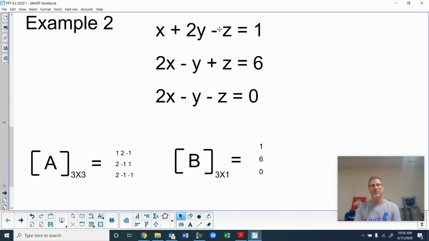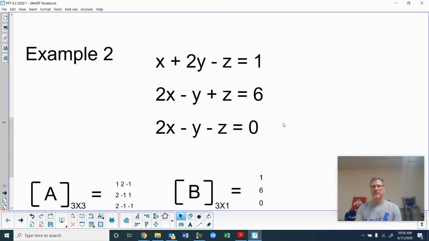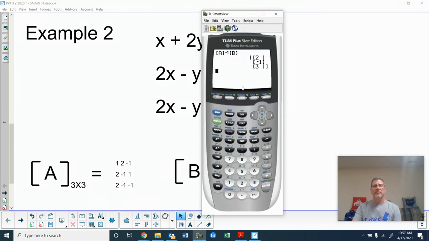Remember, if an X or a Y or a Z is missing, you're going to put a 0 in that spot in your matrix. Okay, and then our B matrix is the 1, 6, and a 0. Okay, and then I'm going to do A inverse B, and I'll be done. So again, it's just calculator work, right? Makes this really easy when you have this graphing calculator.